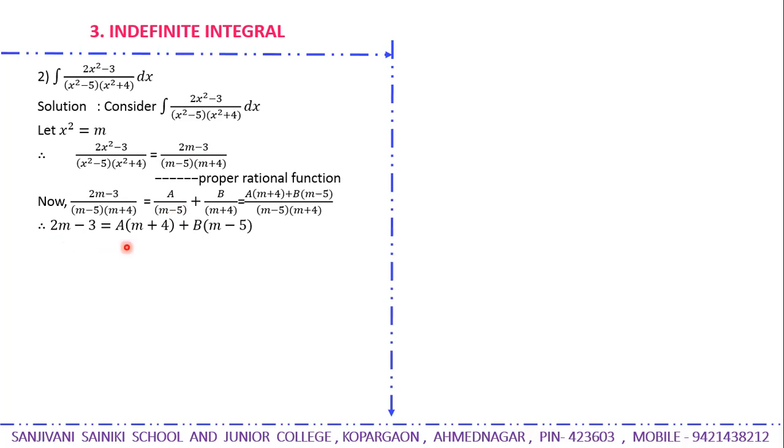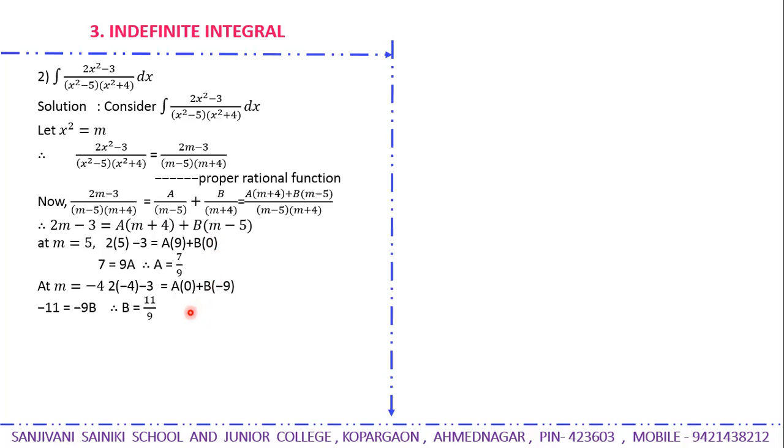So now how to find the constants a and b? If you put m equal to 5, this will vanish and you will get the value of a. If we put m equal to -4, this becomes 0 and you will get the value of b. Okay, like this.